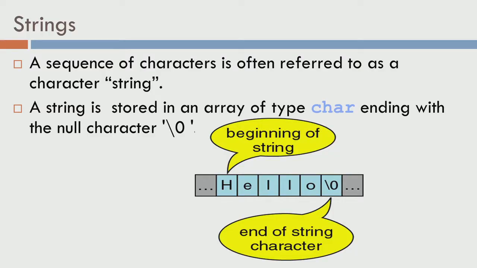If you see this picture here, we have these 5 characters H, E, L, L and O. These are the 5 letters that I need, but there is an extra character called \0, and the whole 6 characters is called a string. So, we have a string which actually contains 5 letters, and the beginning of the string is H, the end of the string is actually \0, which is a special character that C uses. In a little while we will see why that special character is needed.